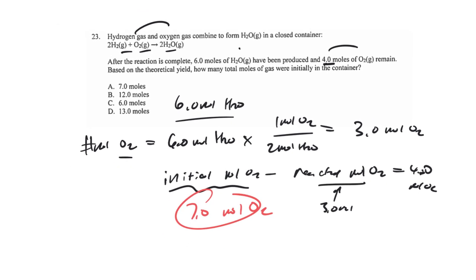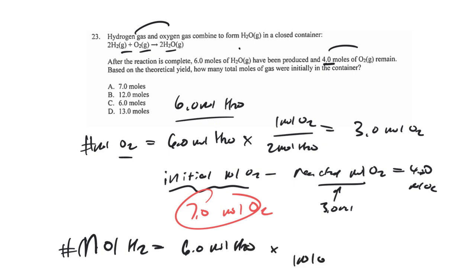What about hydrogen? How many moles of H2 were consumed to produce the 6 moles of water? For every 2 moles of water, just looking at the coefficients in the reaction, for every 2 moles of water that are produced, we have to consume 2 moles of H2.